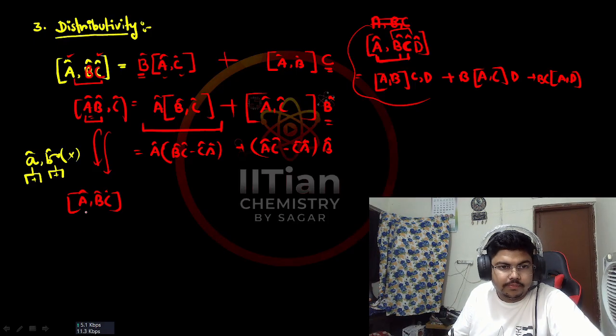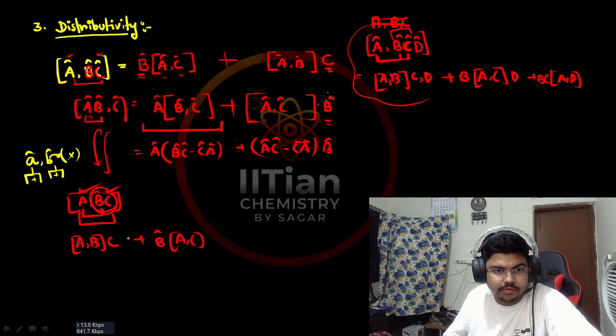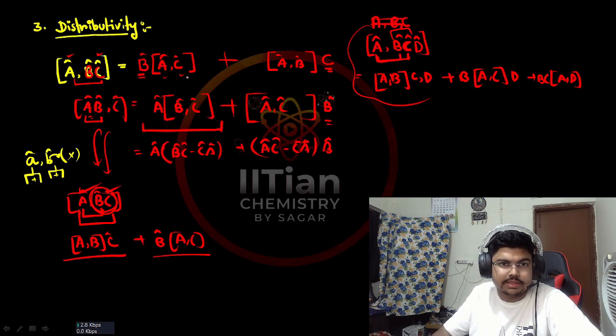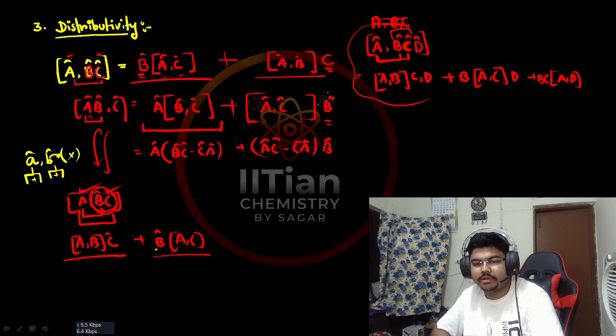Then first you take A with B, so you write the AB commutator, then C is at the right, so write C, plus then take A comma C. When you take A comma C, B is at the left, so this will be B. Okay, so A comma B times C plus B times A comma C, same thing. So this way you can write it also.